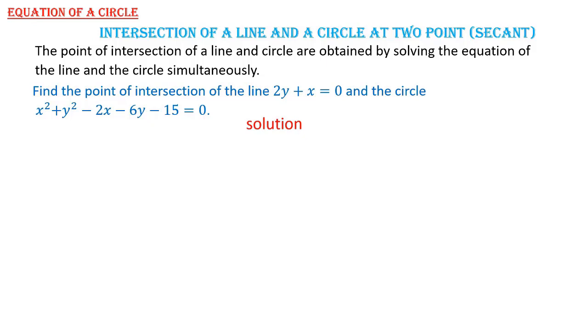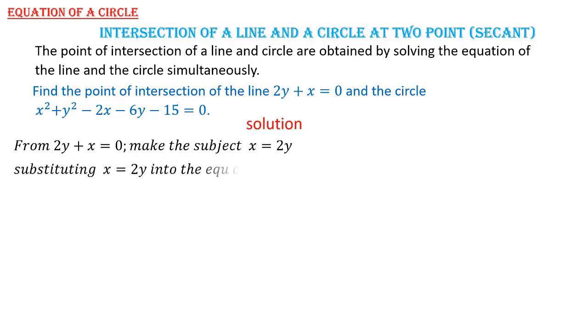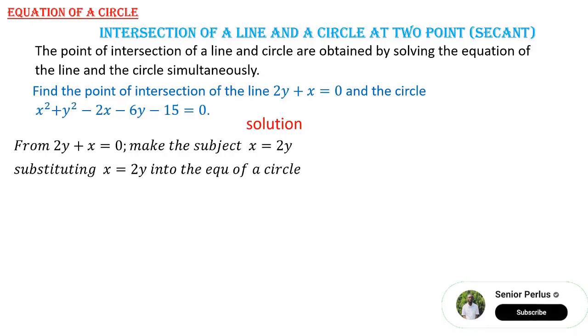We said you may solve this simultaneously, but here, let's make x the subject. So from here, let's make x the subject. Our x is now negative 2y. Then we substitute x, that's negative 2y, in place of x into the equation of the circle.